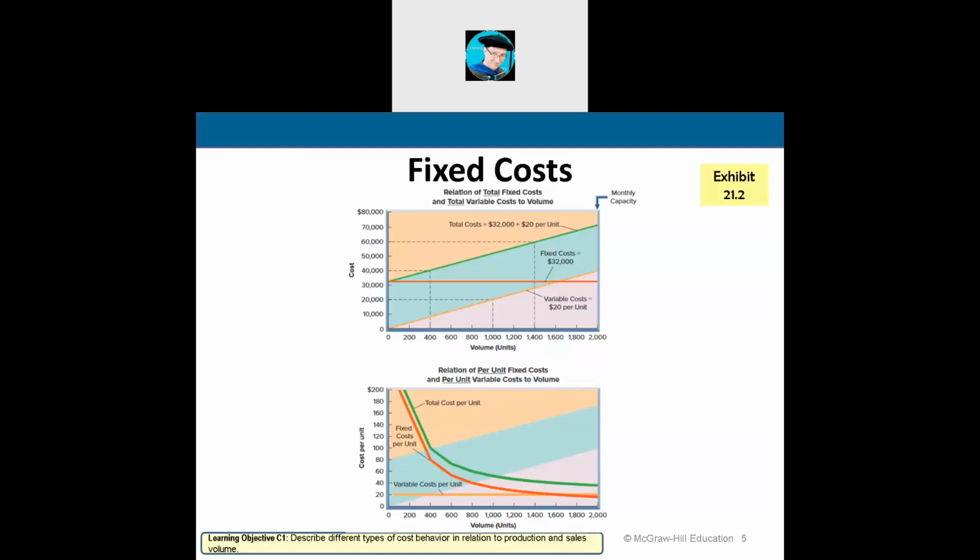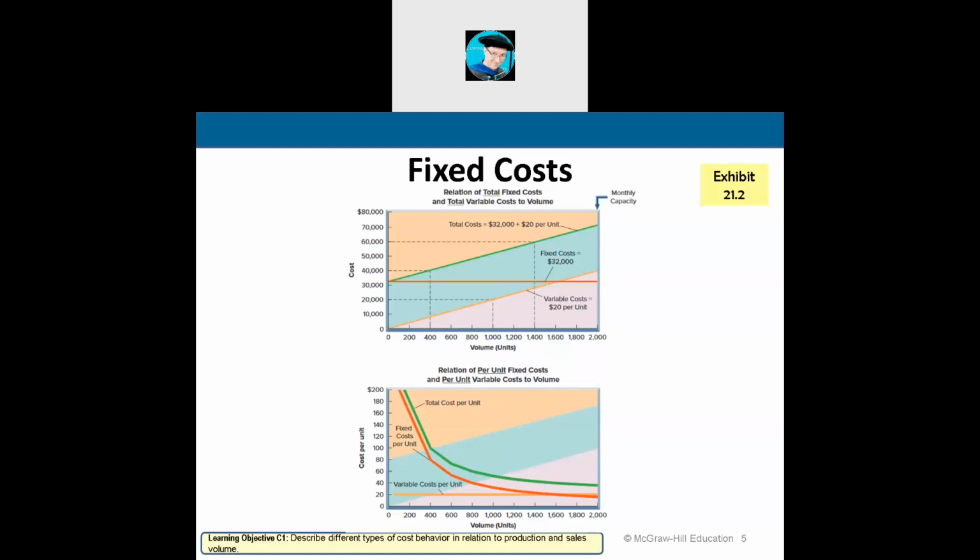Okay, so now let's take a look at the bottom of this slide. We see this second chart. This second chart shows us what happens on a per unit basis. This is where some students get confused because it still says total cost, but it's total cost per unit.